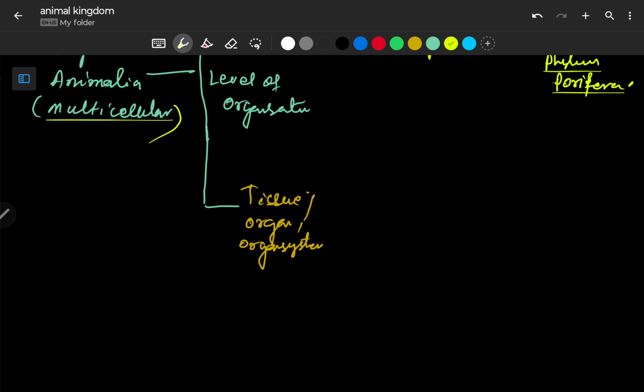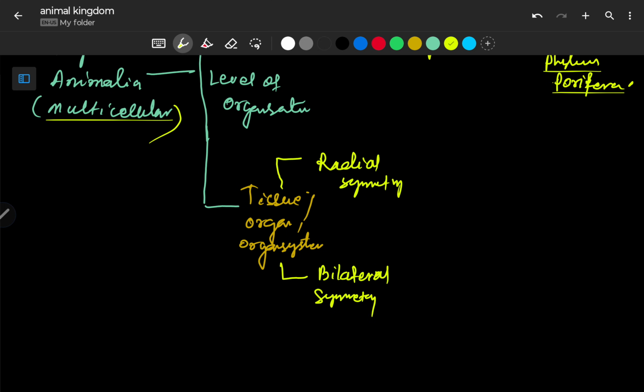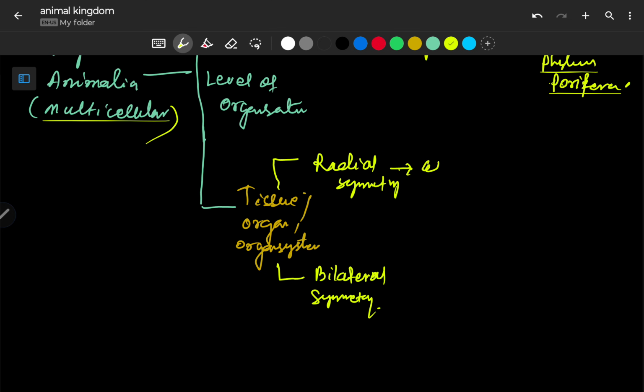Now come to this one. So either they are having radial symmetry or they are having bilateral symmetry. Okay, so those which are having radial symmetry are acoelomate, means they don't have coelom.